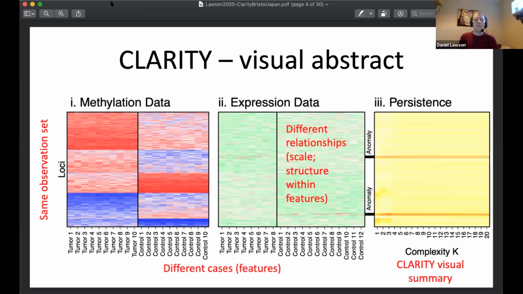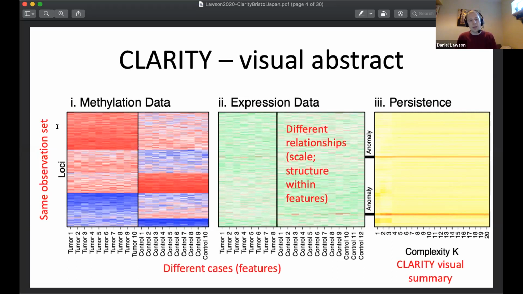Okay, to give a visual abstract of what's going on in this method, I've got an example data set. This is all simulated data, but it explains the point of the method. On the y-axis, we have a whole bunch of objects that we've observed. Here they are positions on a genome, genetic loci. And then we've observed them in some different domains. We may have observed them in bioinformatics.